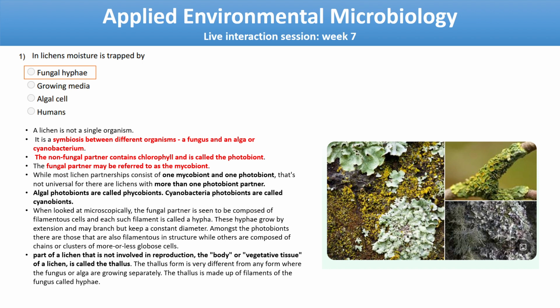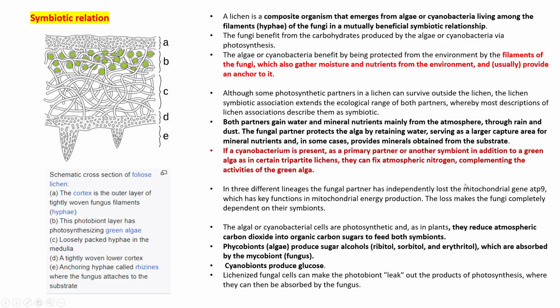This thallus form is different from the fungus or algae growing separately. It is made up of the hyphae of the fungus. This is the picture of different types of lichens.